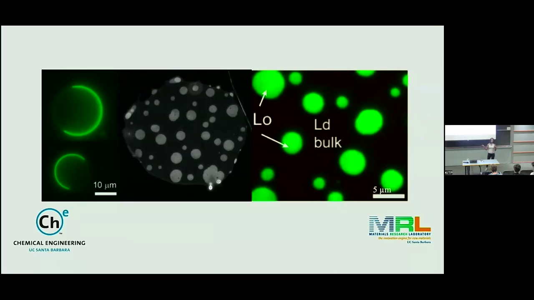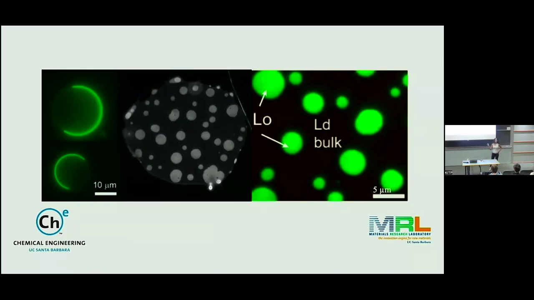You can see that in the middle and right-hand images. The green dots, which are gray in the middle, correspond to the green condensed phase on the left-hand 3-dimensional image. They're basically lipid condensates, like lipid rafts, floating around in this more fluid bulk.